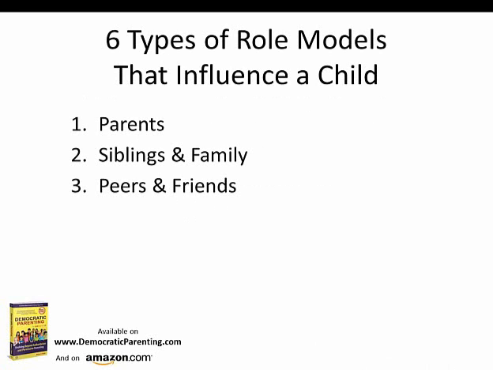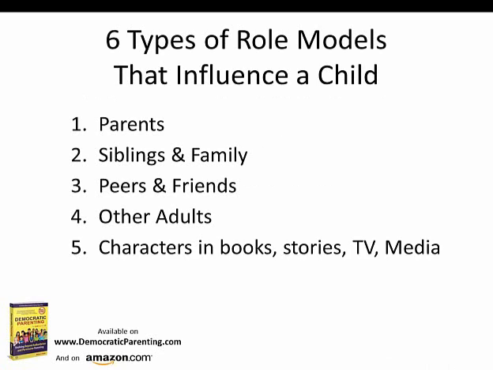And then as we step outside the family circle, we have peers and friends and other adults like teachers or people in the community. And finally, we step outside the realm of actual person-to-person interaction, and even characters in books and stories on TV or in movies or even in video games. All these characters can influence our children and act as role models for types of behavior.